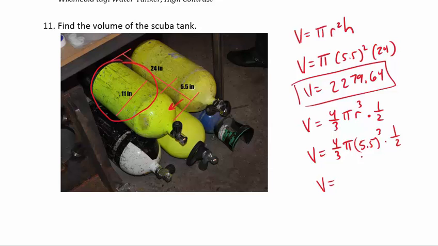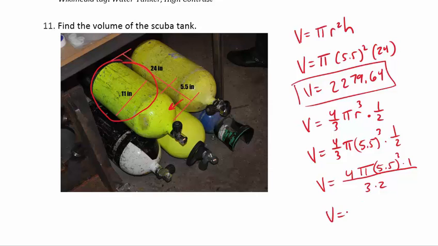The way I'm going to calculate this, first I'm going to multiply all the stuff in the numerator. I'll have a 4, pi, 5.5 cubed, and then a 1. Multiplying by 1, I could write the 1 in there or not. Now in the denominators I have 3 times 2. I think setting it up this way is going to make the calculation a little bit easier.